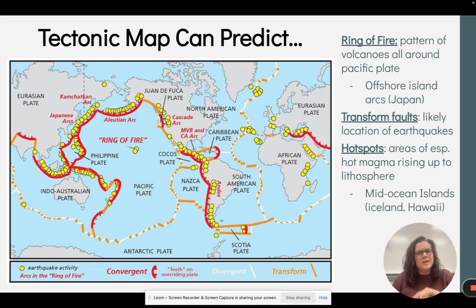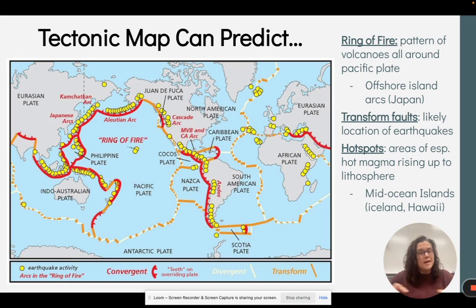And then the last part here is hotspots. Now, hotspots are a stationary spot where we have hot magma that rises up into the lithosphere and kind of breaks through. The kind of neat thing about hotspots, and you'll do a little bit of this for homework, is that because they're not moving, they're spitting magma up in the same place. They're making islands. But as the tectonic plates move, you can actually see that they're making new islands.